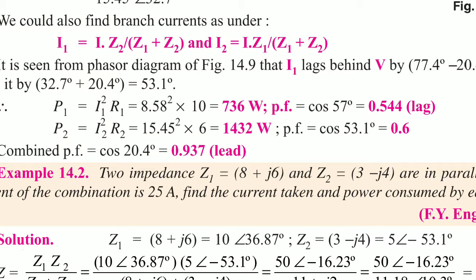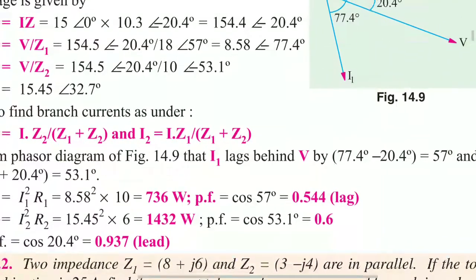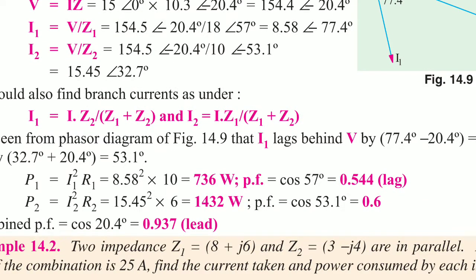0.6 power factor. Combining these, the phase angle between V and I is 20.4 degrees. This is the overall phase angle between the current and voltage. The cosine of the angle between the voltage and current gives the overall power factor, cos phi.